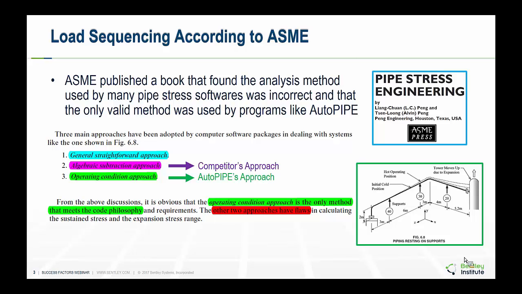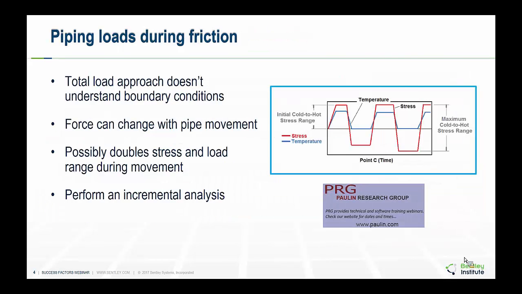The authors only recommend the operating condition method like AutoPIPE's because it meets the code philosophy and requirements, where the other 2 methods have flaws. The total load approach, or the algebraic subtraction method, doesn't understand boundary conditions and how the bearing force can change with the direction of the pipe movement, which can possibly double the stress load range.